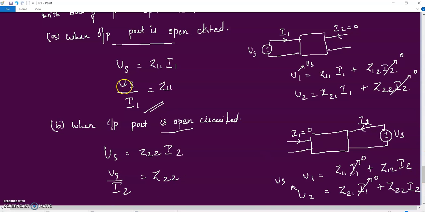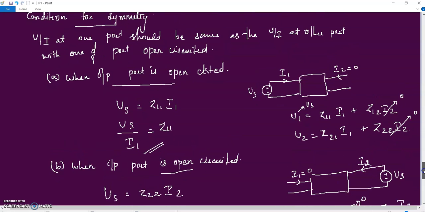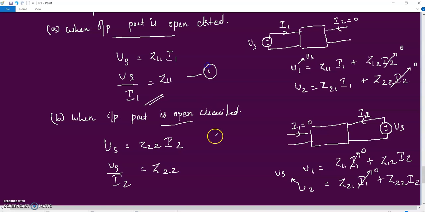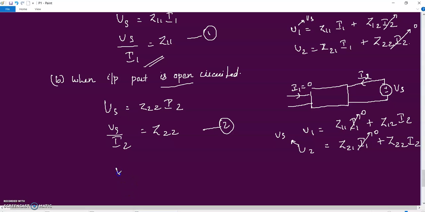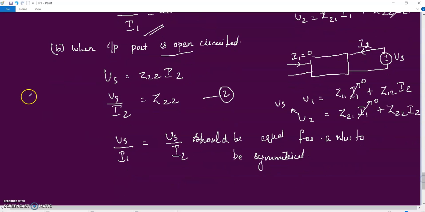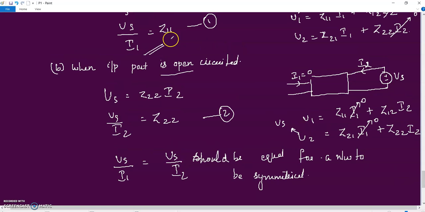So we have got the Vs by I1 and Vs by I2 equations. The condition for symmetry is that these two should be equal. It is possible only if Z11 is equal to Z22. This is the condition for symmetry.